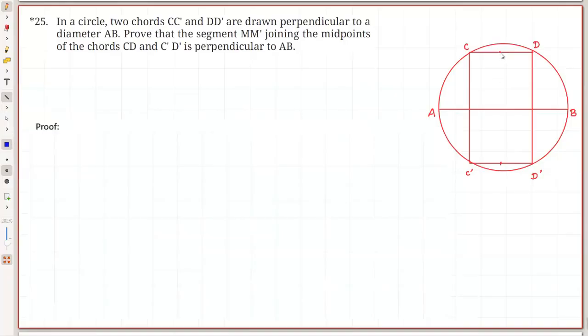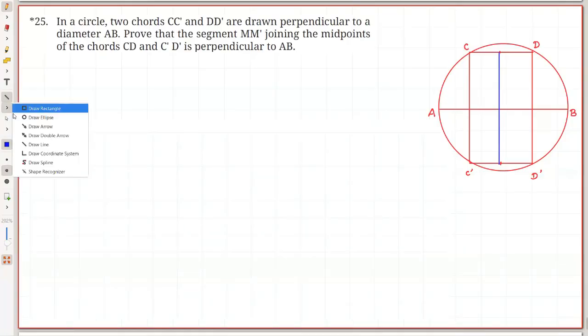So I'm going to join the midpoints. This point is M, and this point is M dash.